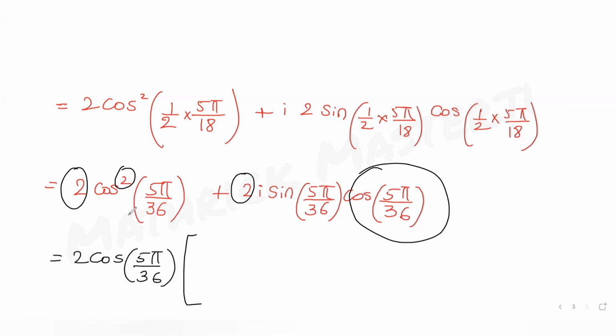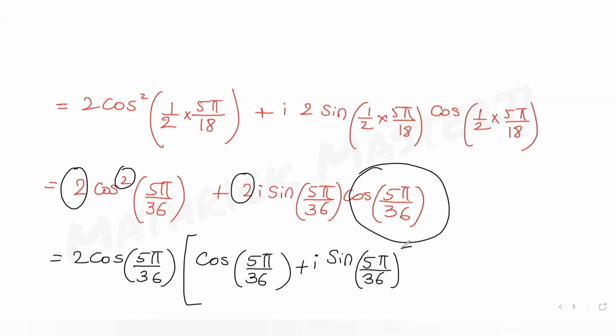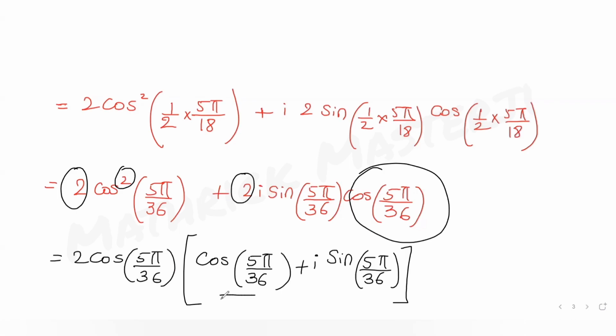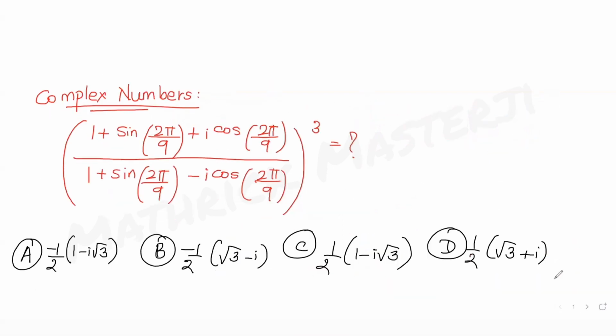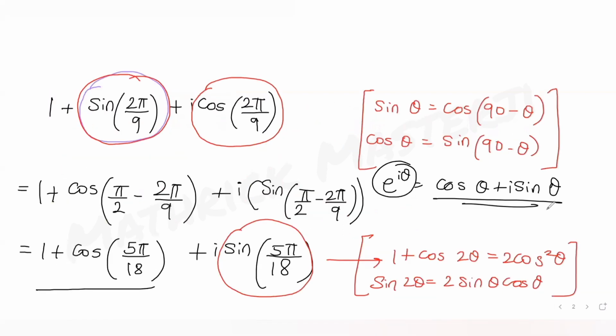I'm left with cos(5π/36) + i sin(5π/36). So what you get here is 2cos(5π/36) times (cos θ + i sin θ). Now that I've converted it into this form, I can write cos θ + i sin θ as e^(iθ).